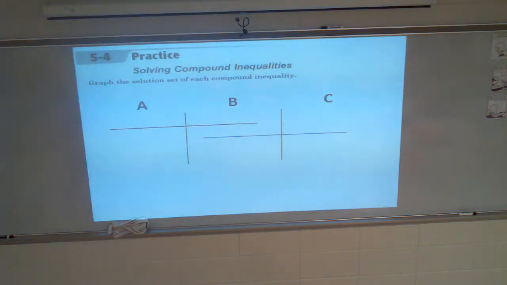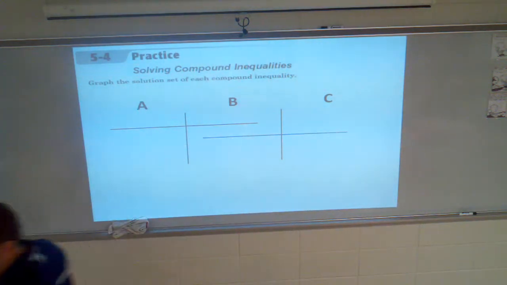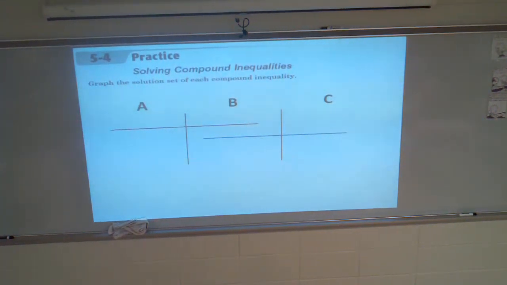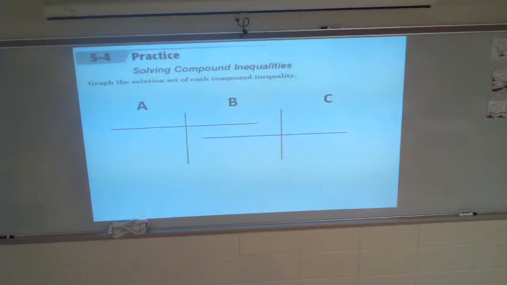Oh, I guess it's a little hard to see that, isn't it? The top one's red, the bottom one's blue. A red line or a blue line.